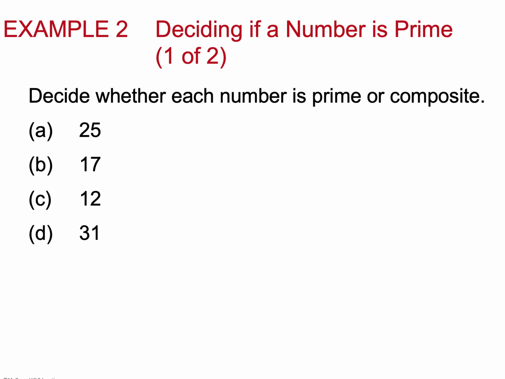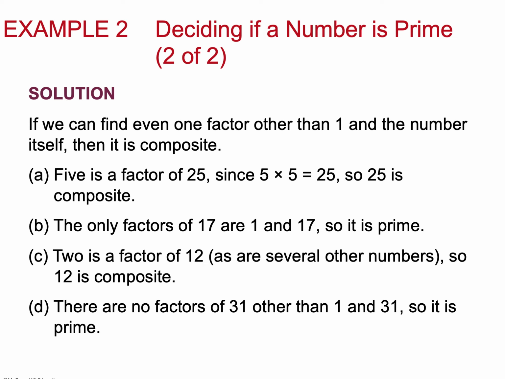So if I look at 25, I know that 25 can be found by 5 times 5, so it's composite. I know the only factors of 17 are 1 and 17, so it's prime. 12 is composite because we just showed at the beginning of this lecture all kinds of ways to get to 12. And there are no factors of 31 other than 1 and 31, so that is also going to be prime.